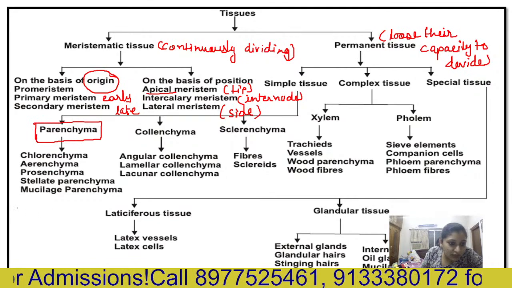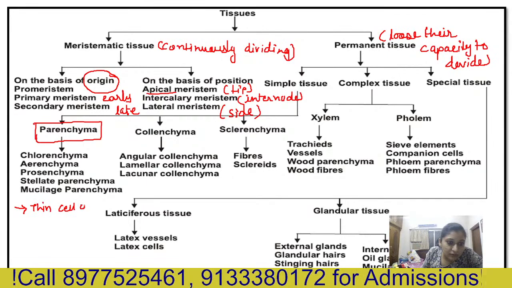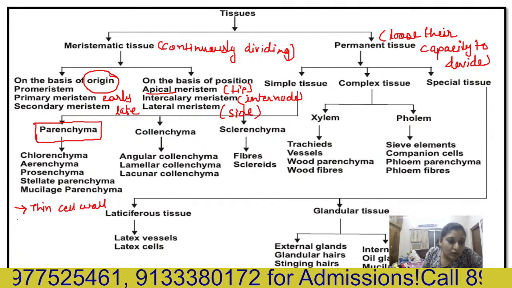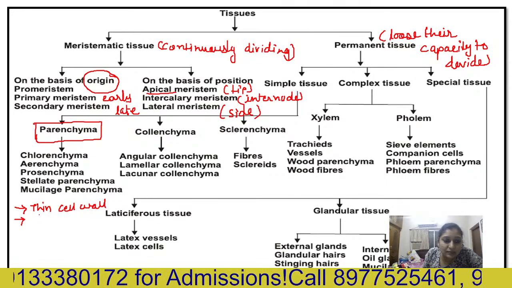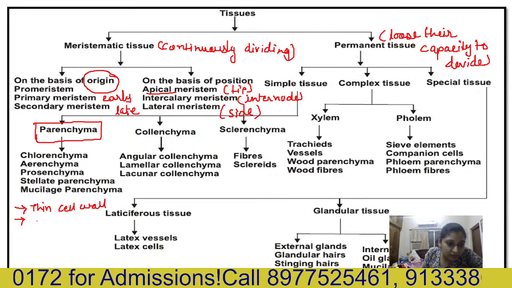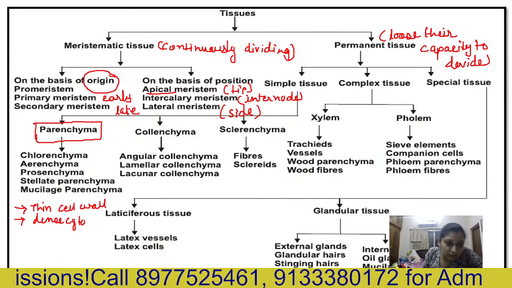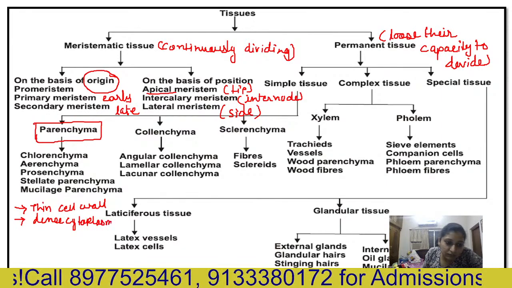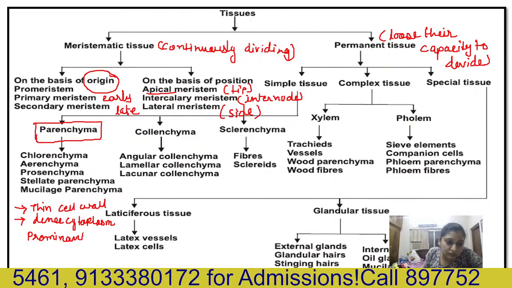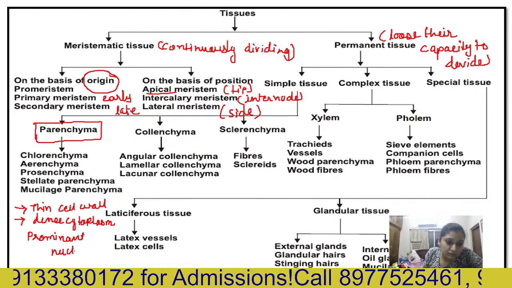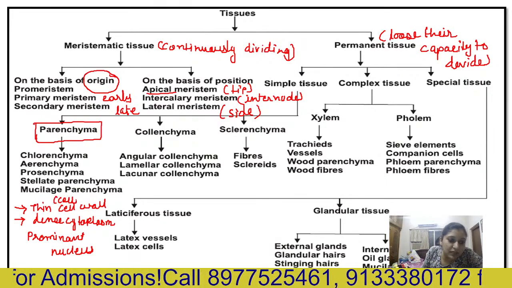Parenchyma, they have thin cell wall. They have dense cytoplasm and a prominent nucleus. And this thin cell wall is mainly made up of cellulose.